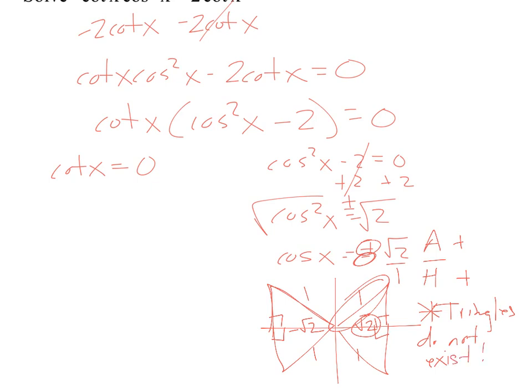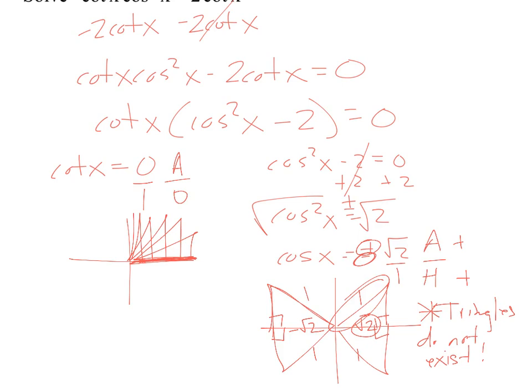Let's go over to cotangent of x equals 0. I could put this over 1, and cotangent is adjacent over opposite. Now, just like tangent, for cotangent, I'm only working in quadrants 1 and 2. What's going on here? Adjacent is 0. What's happening to this length as the triangle terminal side continues to rotate?